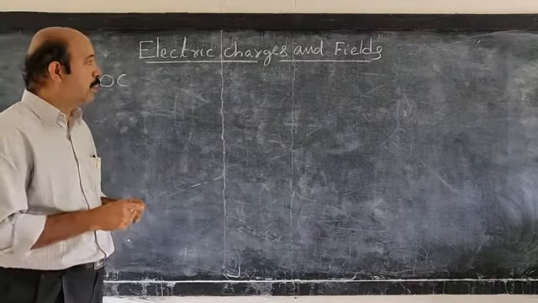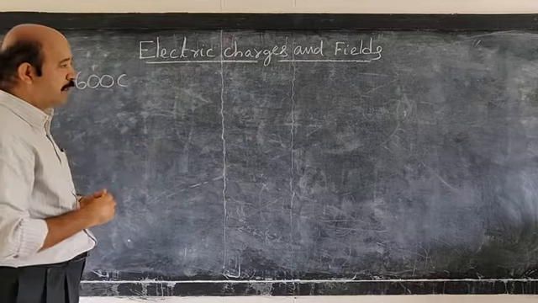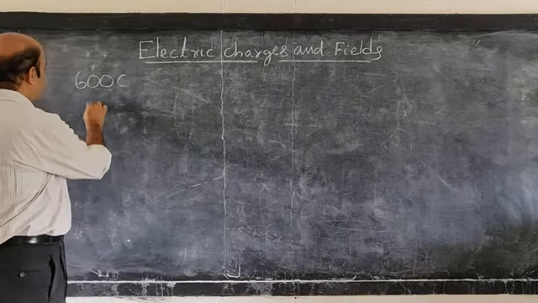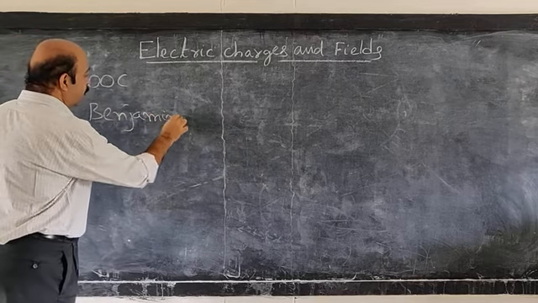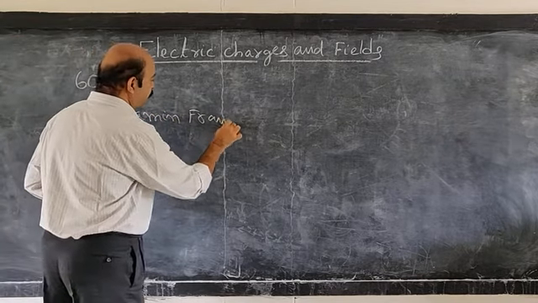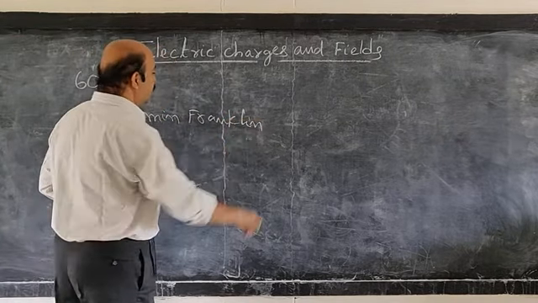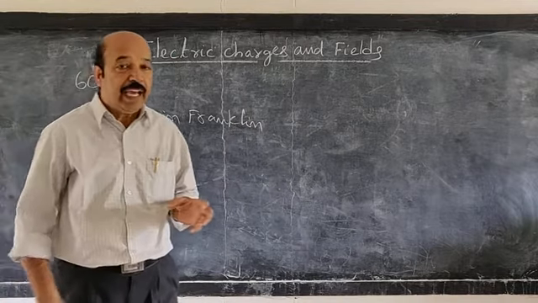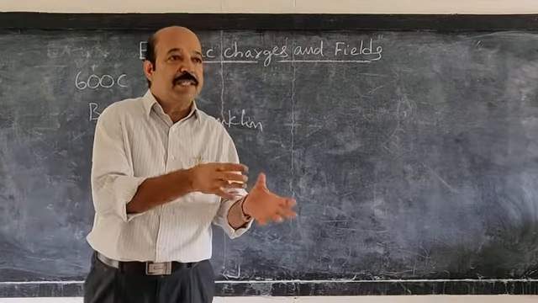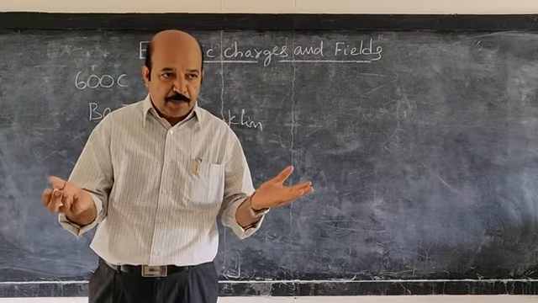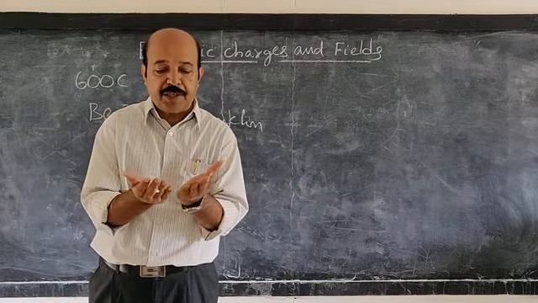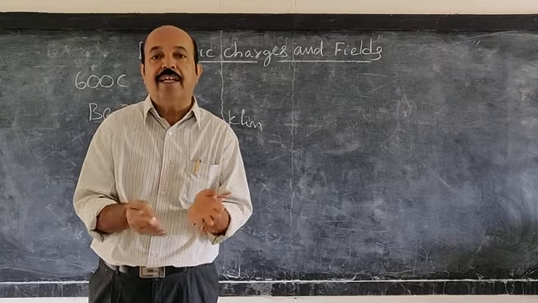Now, it was the American scientist Benjamin Franklin who gave the names positive charge and negative charge, because when a positively charged body and a negatively charged body are put together, they get neutralized.